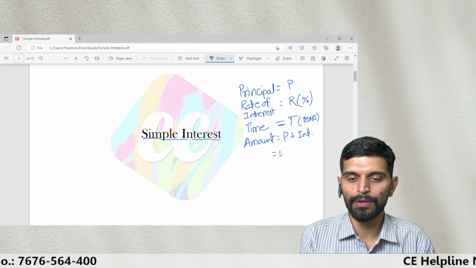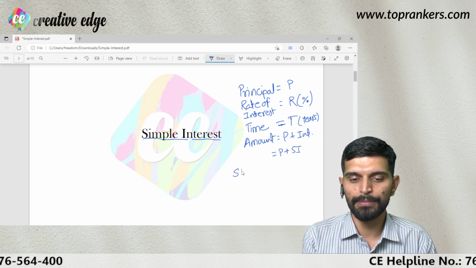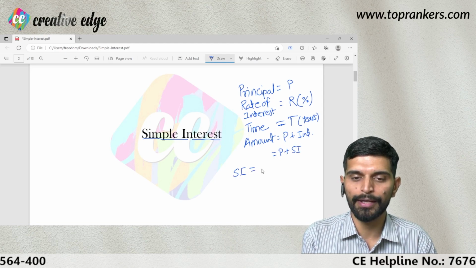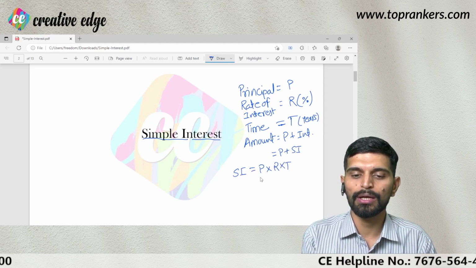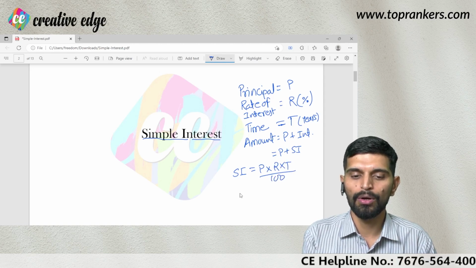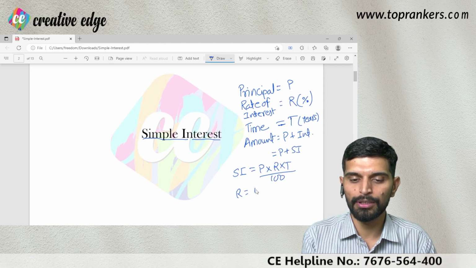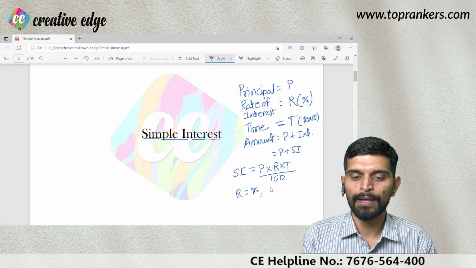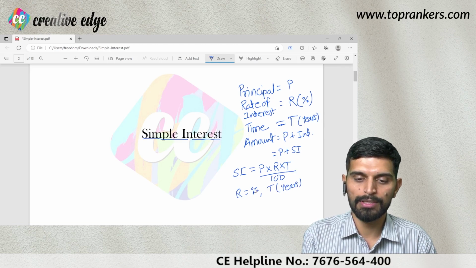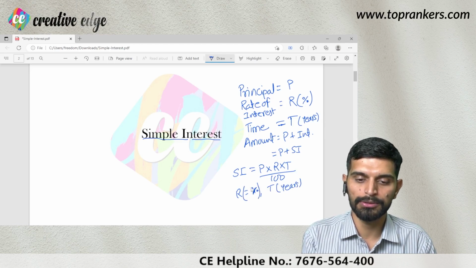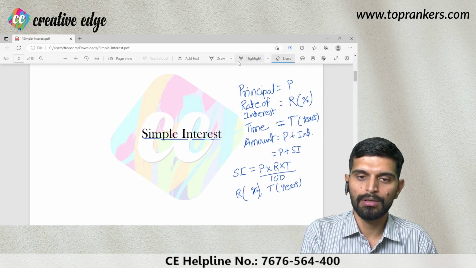So this amount will be P plus simple interest. And what about this simple interest? This simple interest is calculated using P into R into T upon 100, where R is a rate of interest in terms of percentage and T is time in years, right? Time is in years. This R is in percentages and this time is in years.